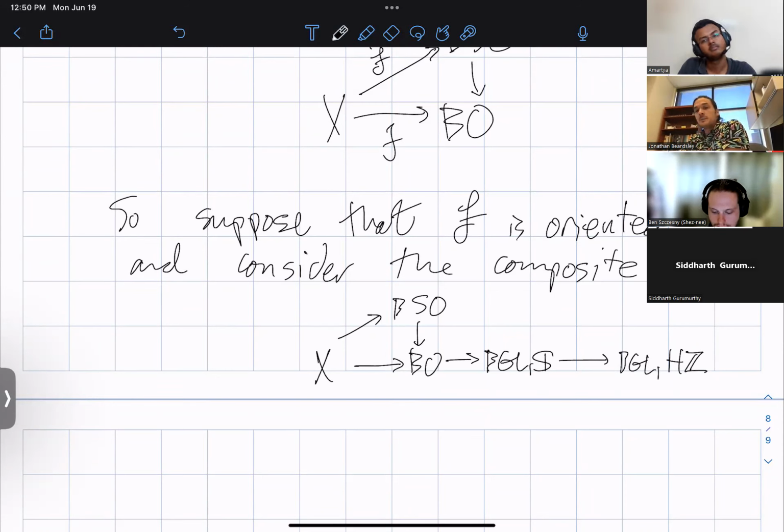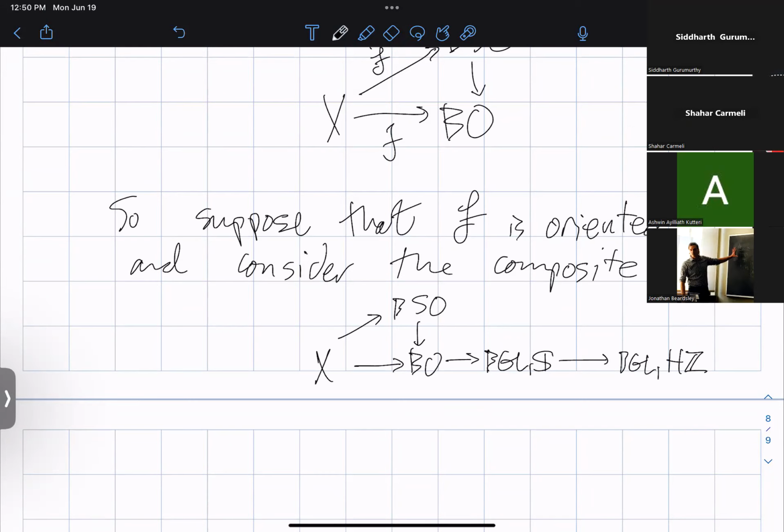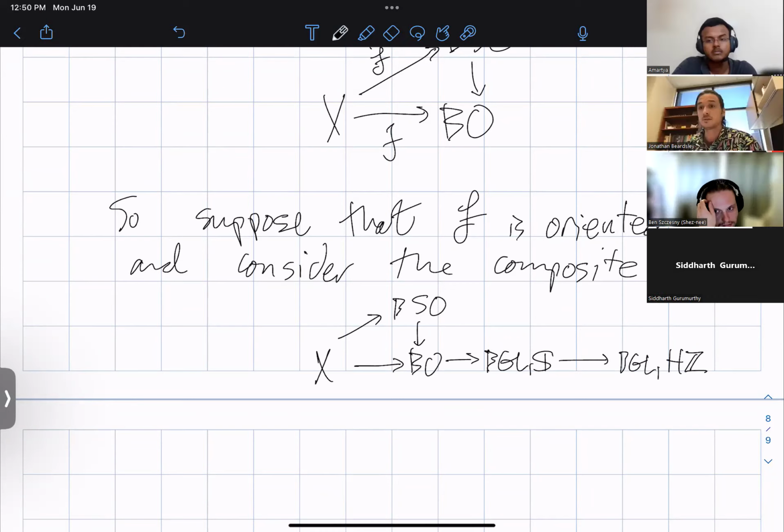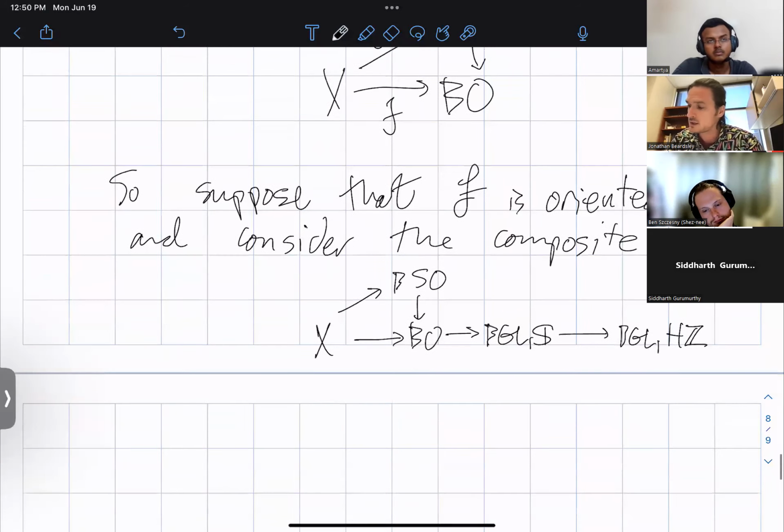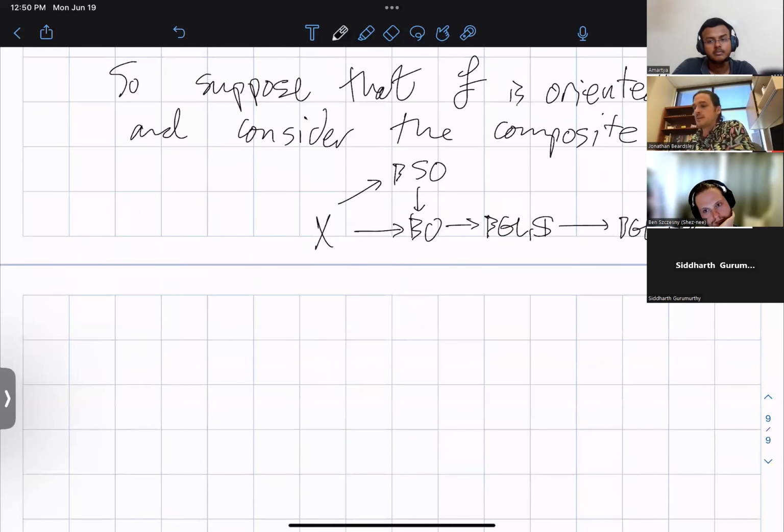Now, remember, GL1 of HZ, well, I suppose I didn't say this, but when you take an Eilenberg-MacLane spectrum, its unit space is just the units of pi_0, which is the units of the ring of which you took the Eilenberg-MacLane spectrum. So maybe I should write that down.